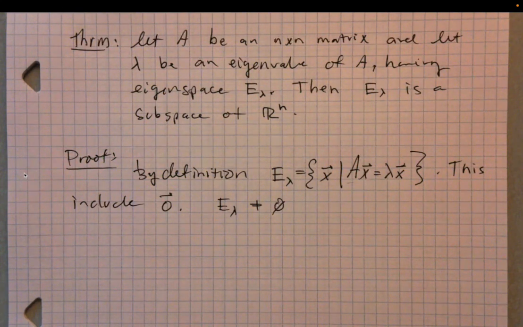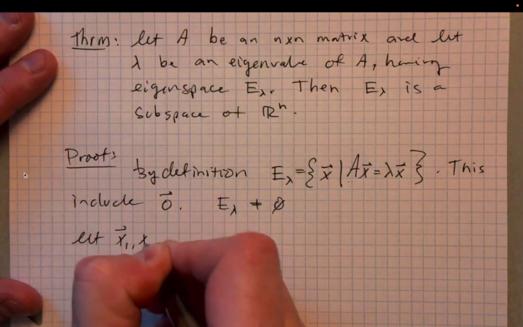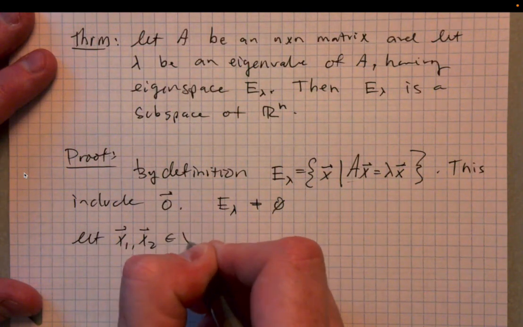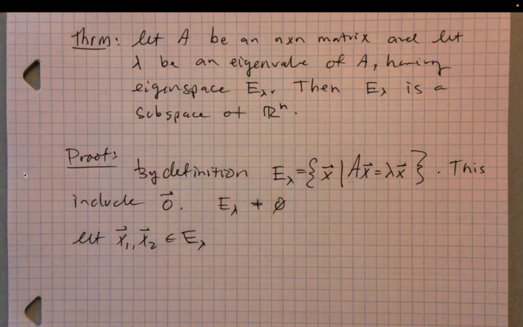So that means we just have to prove that it's closed under addition and scalar multiplication in order to show that it's a subspace. So let x1, x2 be two elements in the eigenspace, and we need to add them together and show that their sum is in the eigenspace.